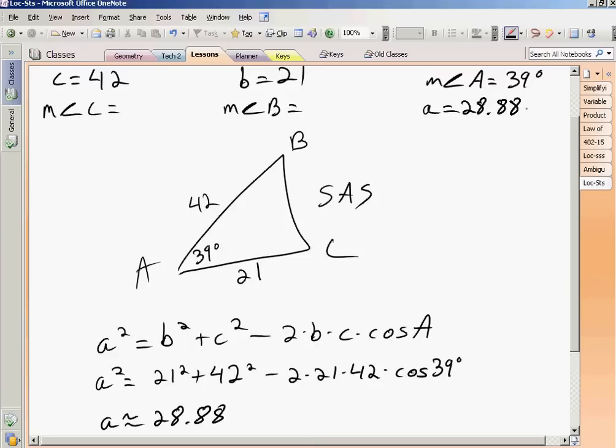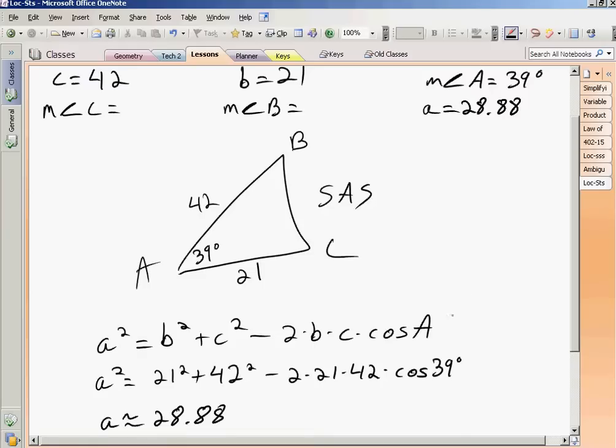Okay, so now I have to find the measure of angle B and the measure of angle C. Here you might be tempted to use law of sines, and there's a good chance it's going to work out just fine if you do. But the recommendation that I make is that when you're doing side angle side or side side side, you just finish out the problem without law of sines and only use law of cosines. The reason is that sometimes you're going to run into some ambiguous case problems if you're putting in side side angle information.